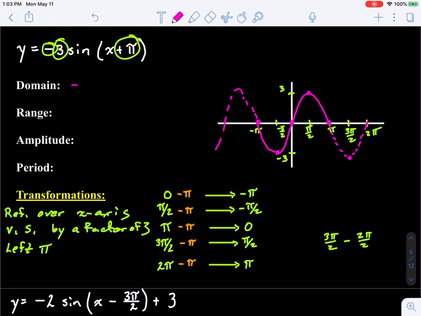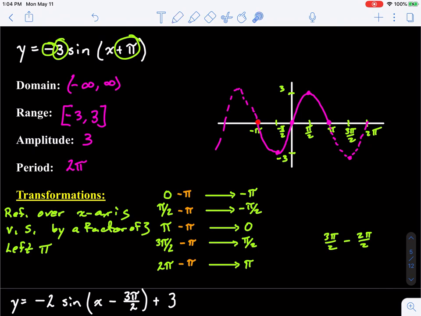All right, so our domain, once again, goes negative infinity to infinity, goes forever in both directions. Range falls between -3 and +3 with an amplitude of 3, and the period is still 2 pi. The period is the length of one cycle.